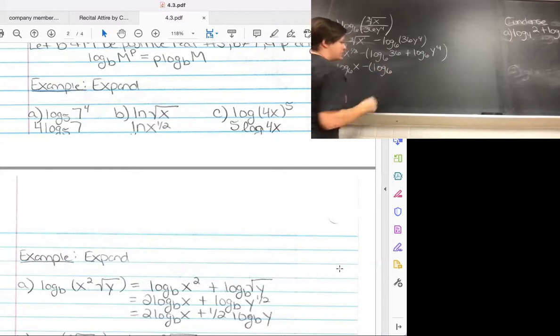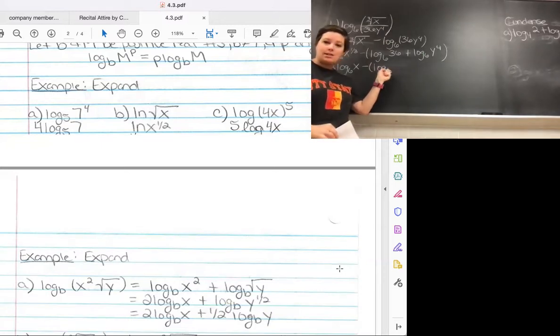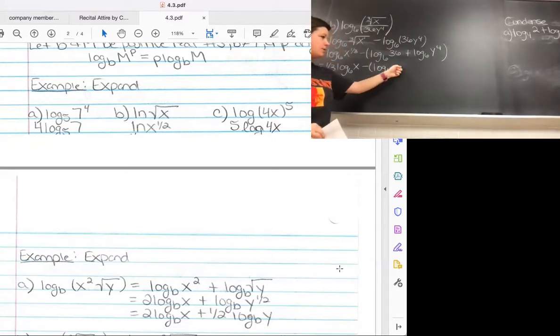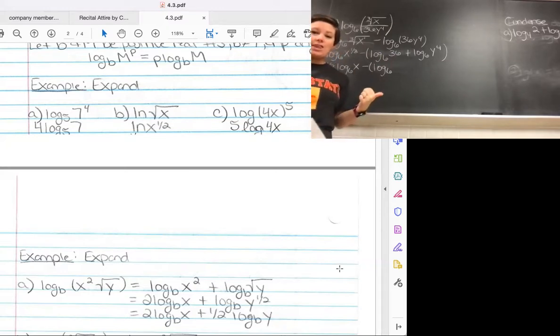Log base 6. Now here's something that you have to kind of teach yourself to look for. Because remember, if the base down here is the same as what we are logging in here, then it's going to simplify out to 1, like we've done already. So if you are doing log base a number of a number, we need to ask, is there a way I can write the number in terms of the base?